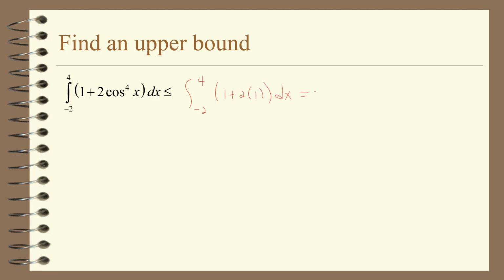But then that is the definite integral from -2 to 4 of 3 dx. And if you think about a graph, here is the function y equals 3. Look at the interval from -2 to 4, shaded in the region between the graph and the interval.